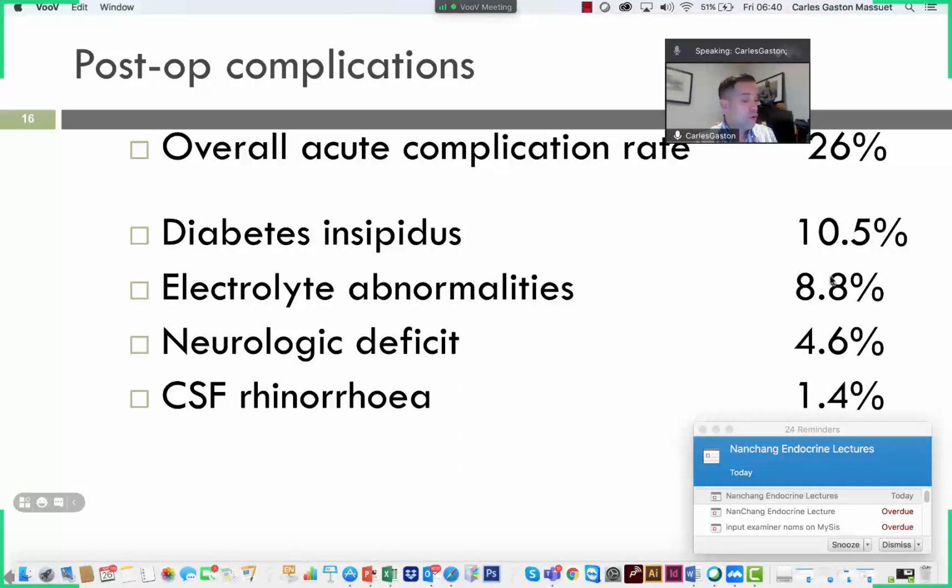I don't know if you know what this means, but basically it is leakage of the cerebrospinal fluid into the sinuses.